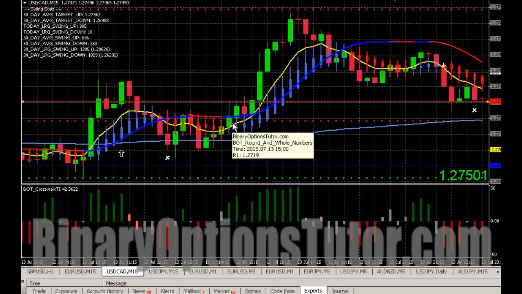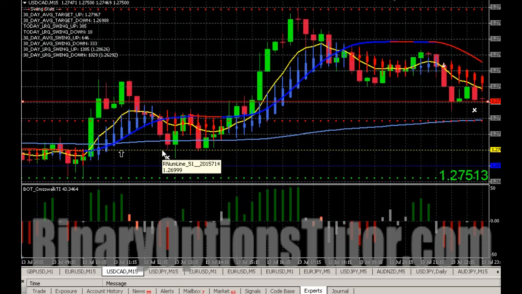That was our trade. Now later on, if we would have had more time, we can see a resumption of that uptrend, and we finally did get a nice push up.